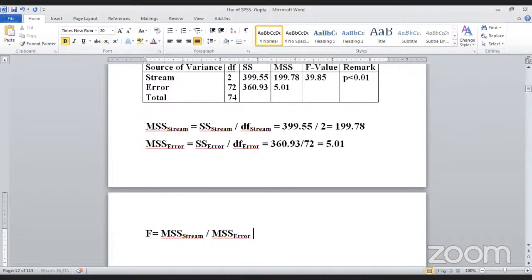So it is the ratio, and that is why 199.78 is to be divided by 5.01, and if you divide, it will be 39.85. So this is how this value was calculated.